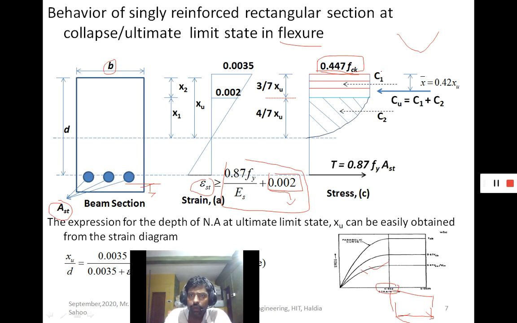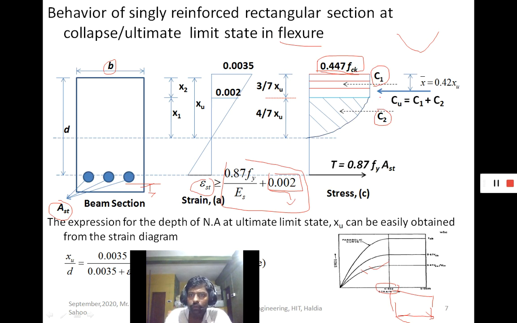So the rectangular block contributes this C1 amount of compressive force, and the parabola part exerts the compressive force C2.